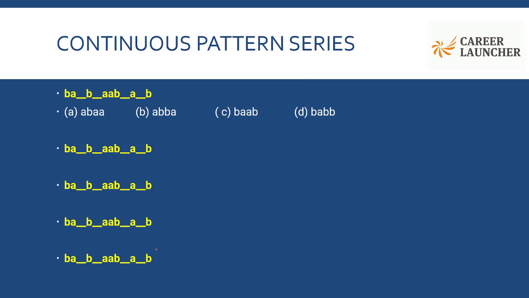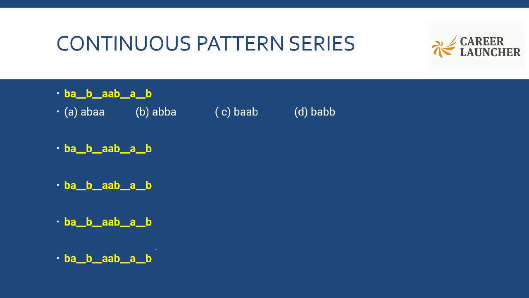Now coming to the last pattern under which questions are being framed in alphabet series, which is the continuous pattern series. These questions are done by using the options. So what are we supposed to do here?